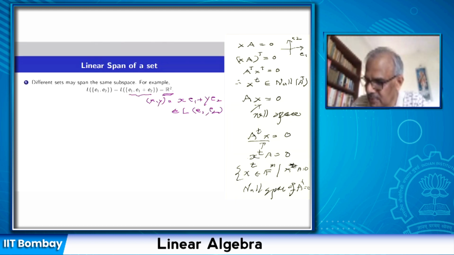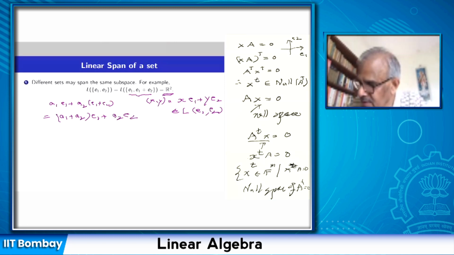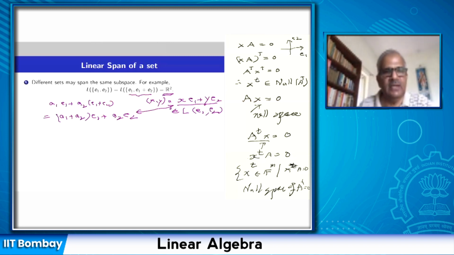Any linear combination of E1 and E2 I can write in this form, and vice versa. So these two subsets, E1 and E1 plus E2, or E1 and E2, have the same linear span, the space R2. So a given vector space can be the linear span of many sets of vectors.